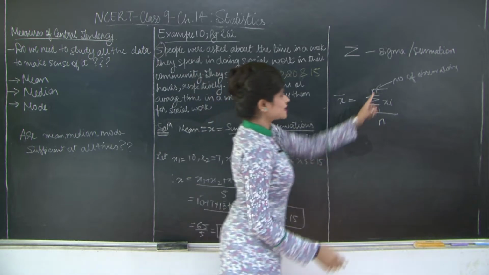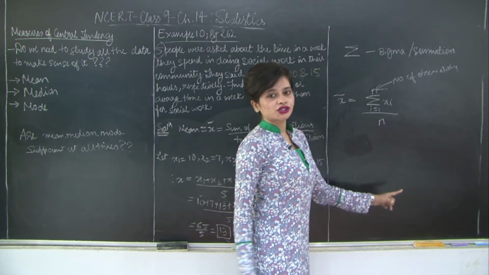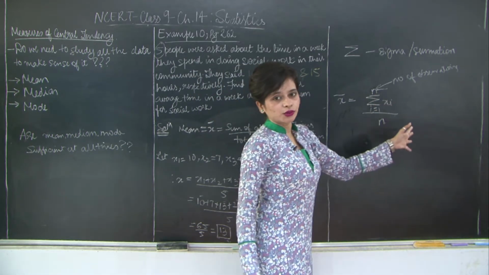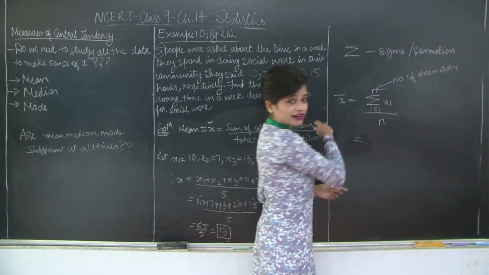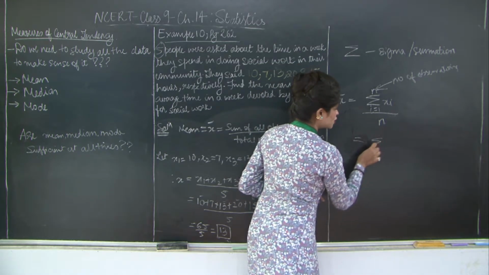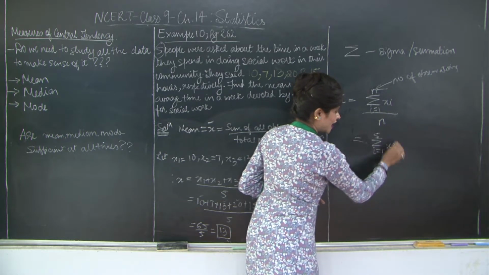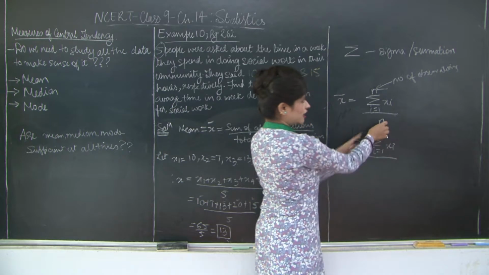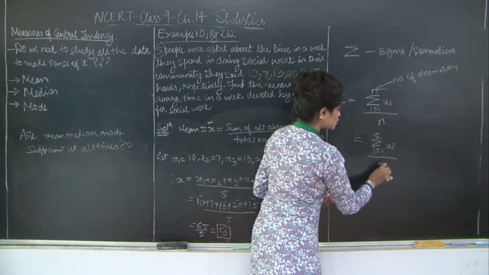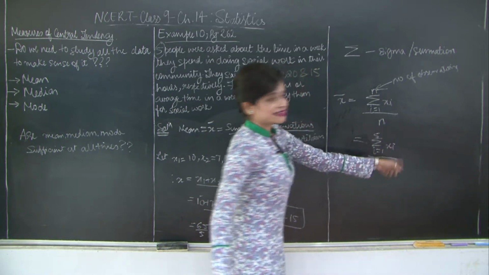How many observations do we have? We have 5 observations. So in our example it will go from summation i equal to 1 up to 5 of xi, and here as well n, the number of observations, becomes 5. And now what does xi mean?